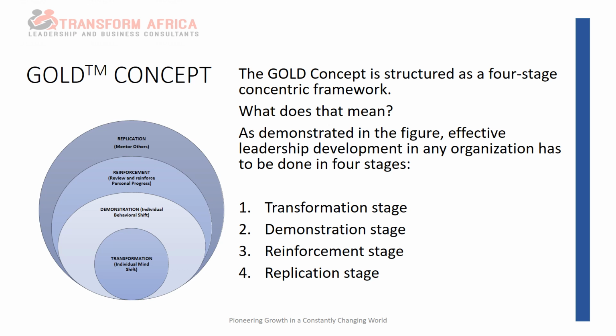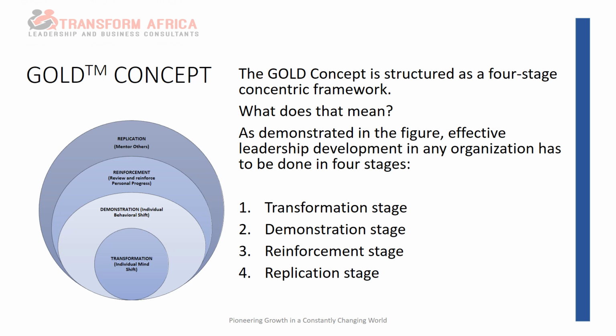If you look to your left, there is a structure there of concentric circles, which are 4 in number, and each one is representing the stages in the leadership development concept which we are bringing across to you. If you look at the inner circle, there is what is called the transformation stage, followed by the demonstration stage, then after that the reinforcement stage, and the outward circle is the replication stage.